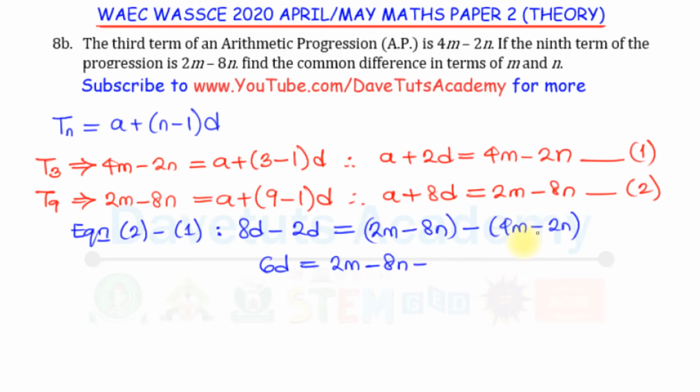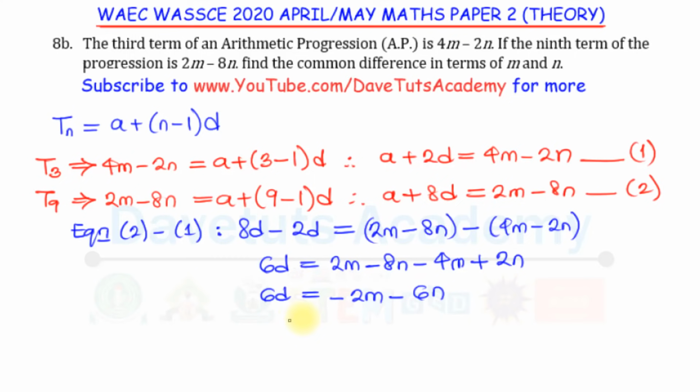Now I'm trying to open this bracket. I still have minus 4m, but in this particular case, minus will multiply minus, giving me a positive sign. Then I have that 2n still remaining. So this is 6d is equal to 2m minus 4m is minus 2m, okay? Minus 8n plus 2n is minus 6n.